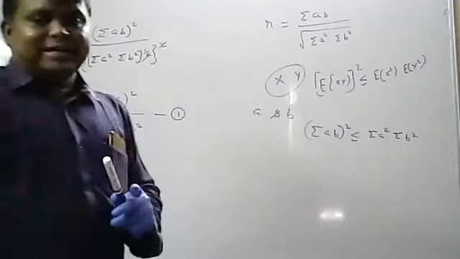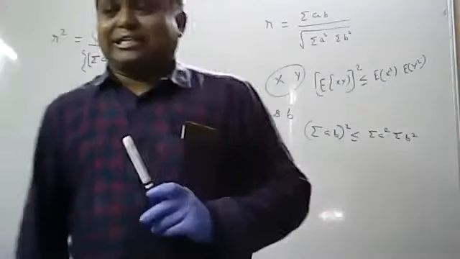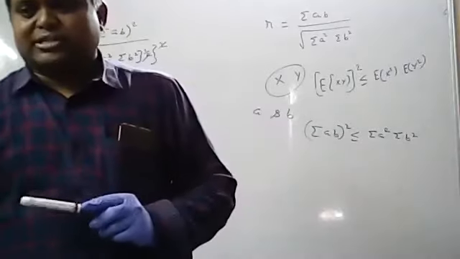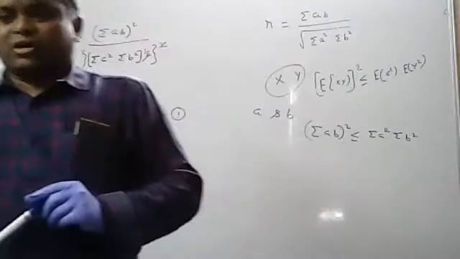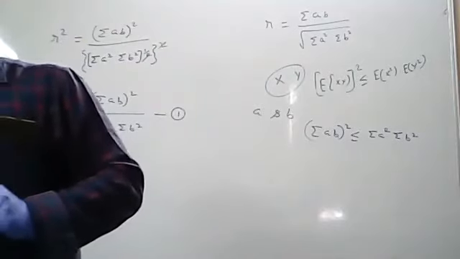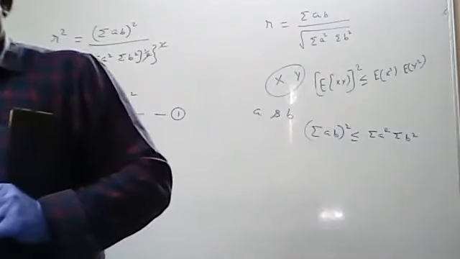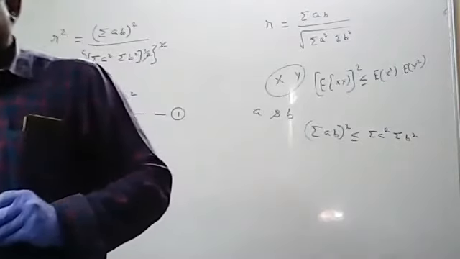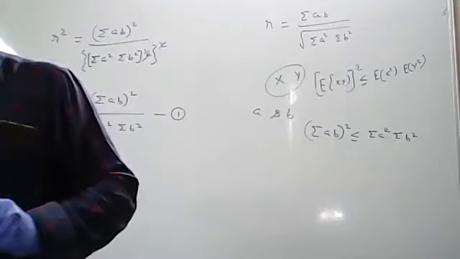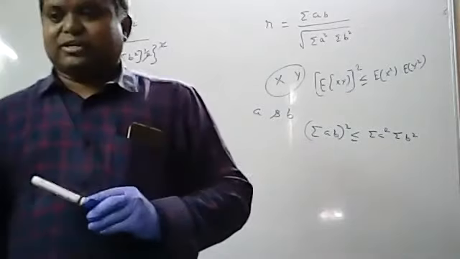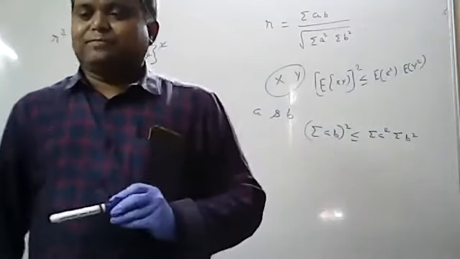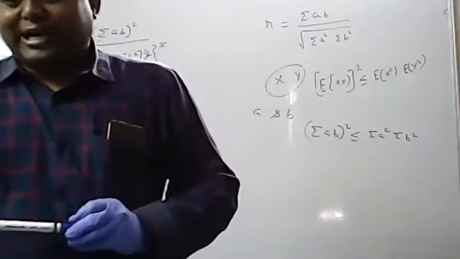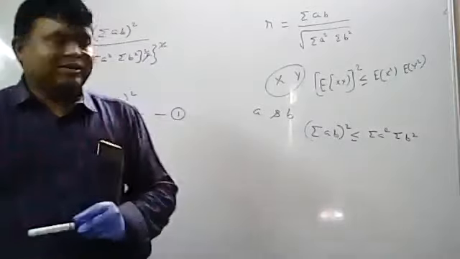Then by Cauchy-Schwarz inequality, spelled C-A-U-C-H-Y, S-C-H-W-A-R-T-Z apostrophe S, Cauchy-Schwarz inequality.